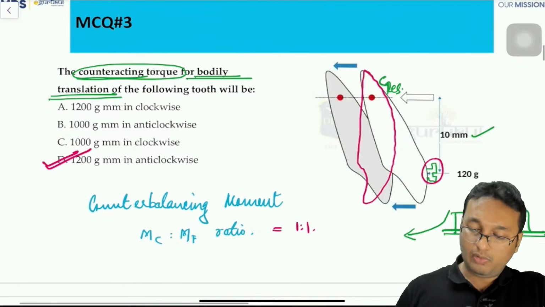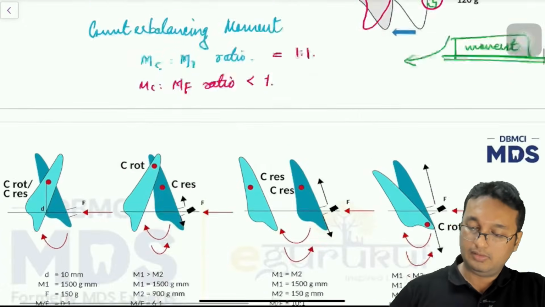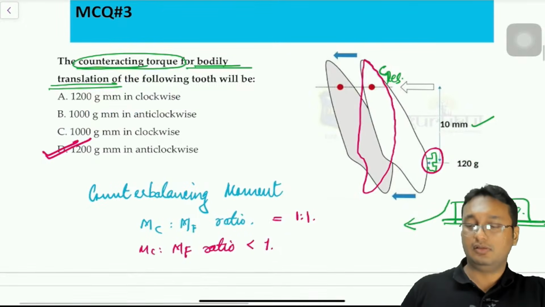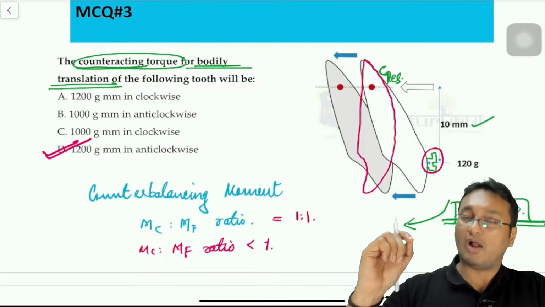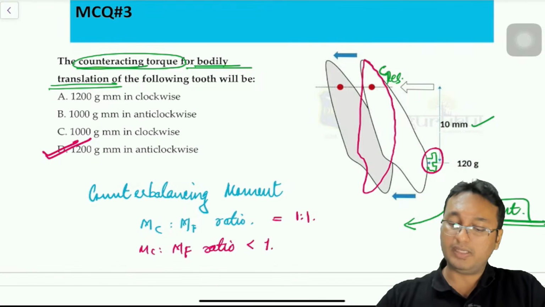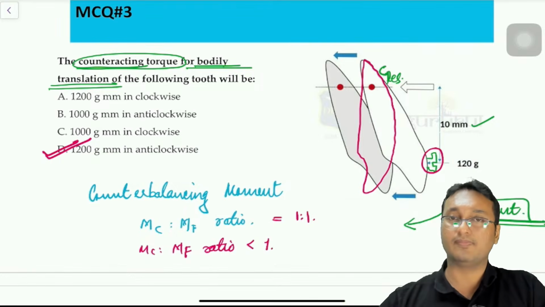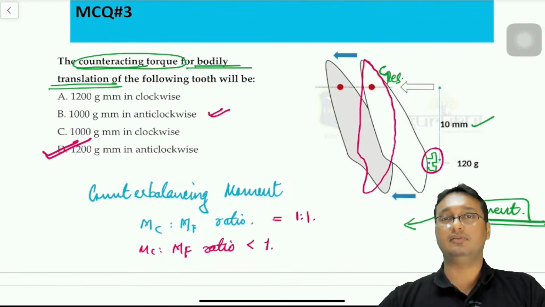Now for controlled tipping, the MC to MF ratio should be less than 1, right? So in that case, the counterbalancing moment should be less than 1200 gram millimeter, but that can also be in an anti-clockwise direction. In that case, option B would have been the correct answer.